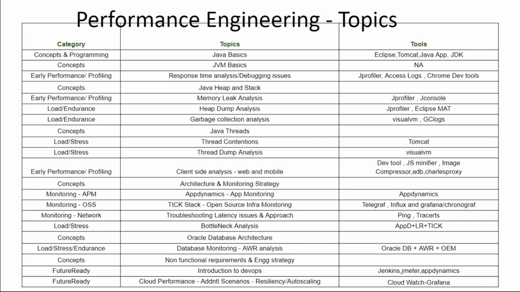It's not going to be a replacement for APM, only resource-level CPU and memory. Instead of using Perfmon or vmstat or top, you can use the TICK stack. For diagnostics, we have to rely on AppDynamics or Dynatrace. Okay, thanks, Satish.